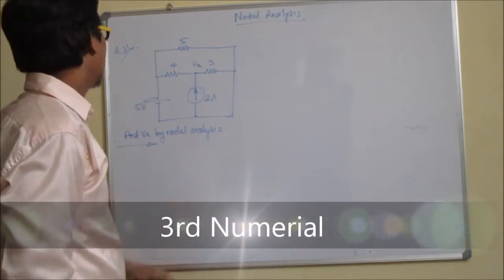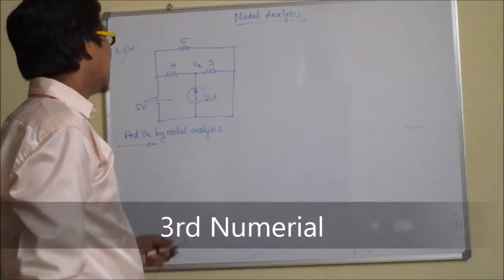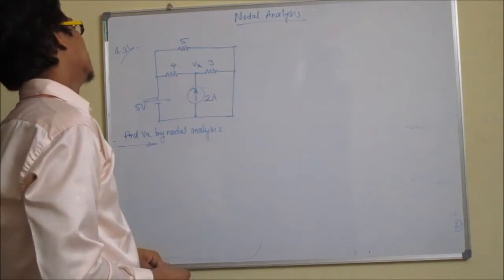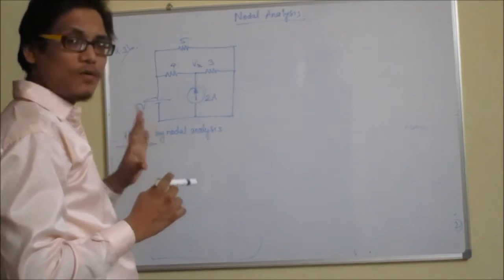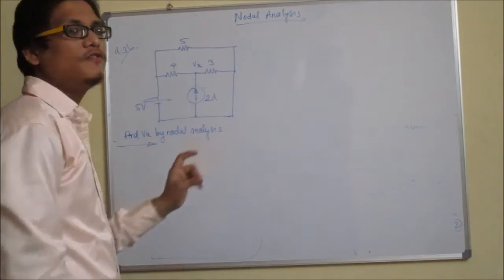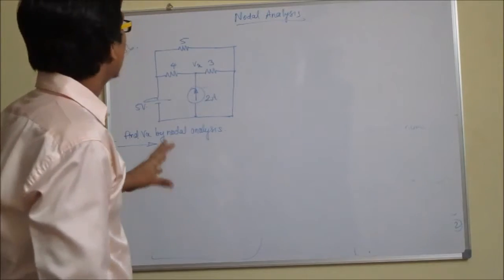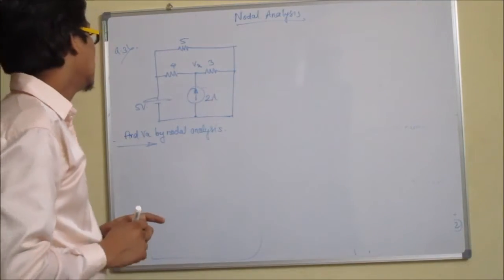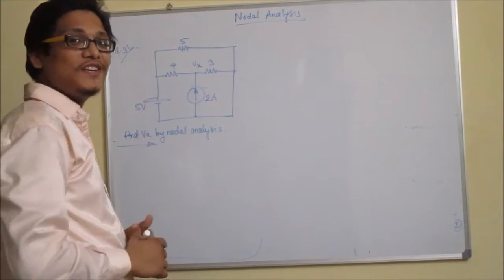Now consider this sum. Here in this sum they have asked to find Vx by nodal analysis. Now by just observing, what is the first step in nodal analysis? The first step in nodal analysis is to find the number of nodes in the circuit.